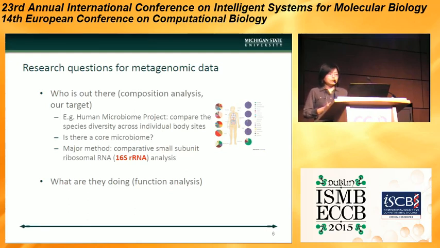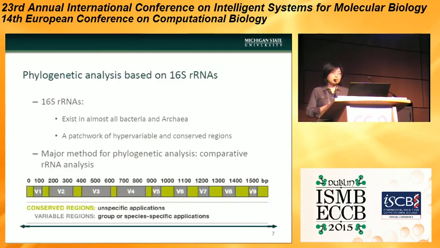And the major method for phylogenetic analysis or composition analysis is still based on 16S ribosome RNA analysis. So now let's take a look at the gene 16S ribosome RNA. This gene is a very good marker gene for phylogenetic analysis. First, it exists in almost all bacteria and archaea species.